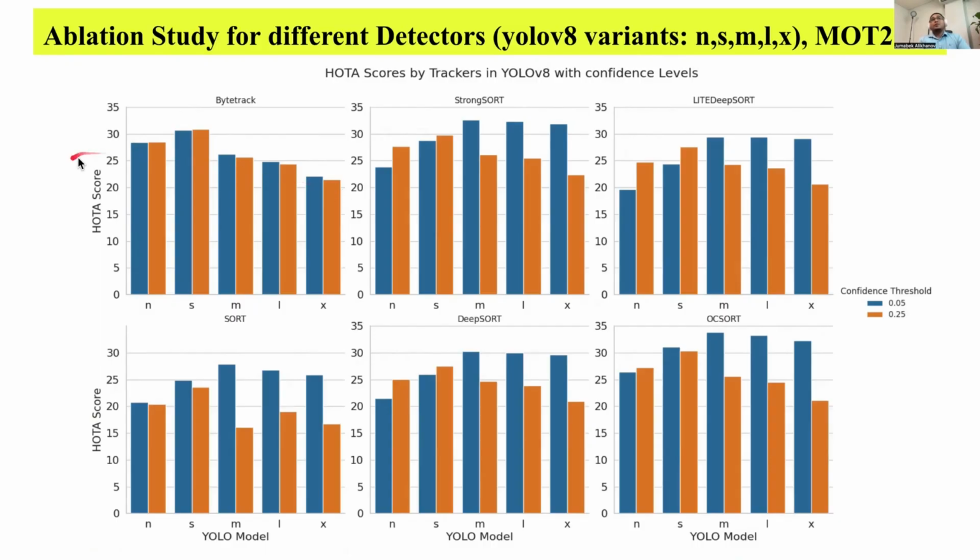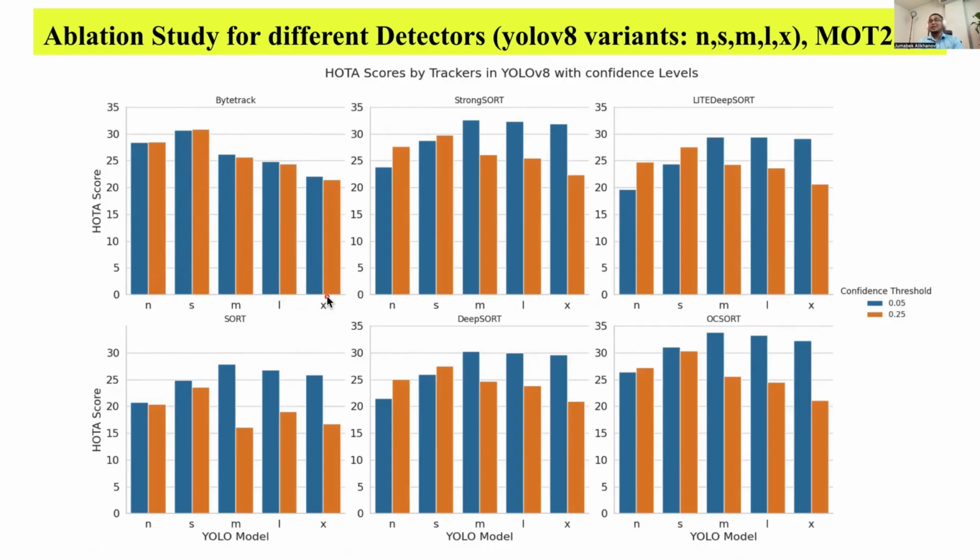However, if you look at the detector impact, initially nano is performing not so badly, but when you move to small, an architecture bigger than nano, its performance increases, right? But when you go up to larger models, it goes down rather than increasing. What does that mean?